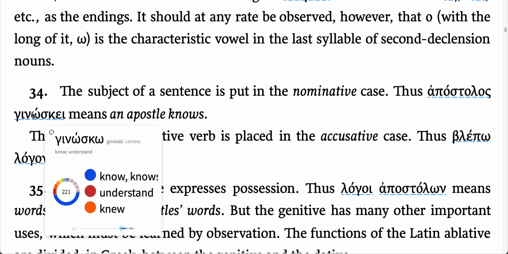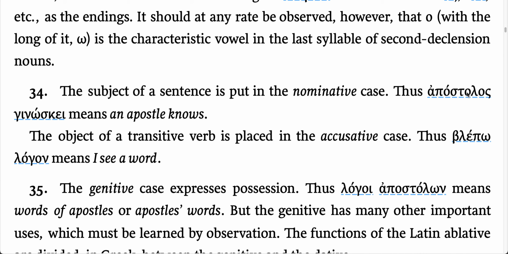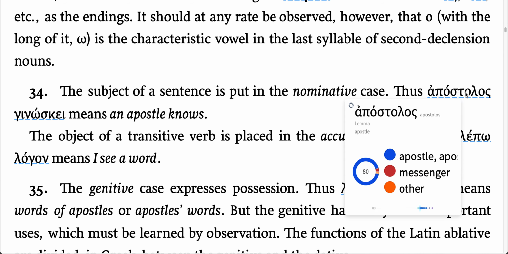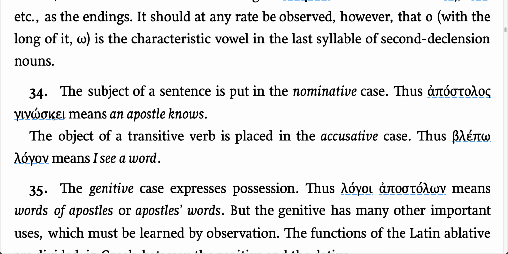It's present active indicative. What is that? That one is third person singular. So it's he knows. But who's the he? Apostolos. And notice it's singular. So an apostle knows is how we translate it. Because you don't say he knows, you actually know who the he is. It's actually an apostle. And the apostle is singular, so we put an apostle here.